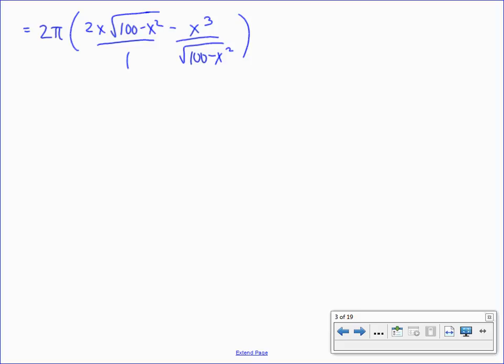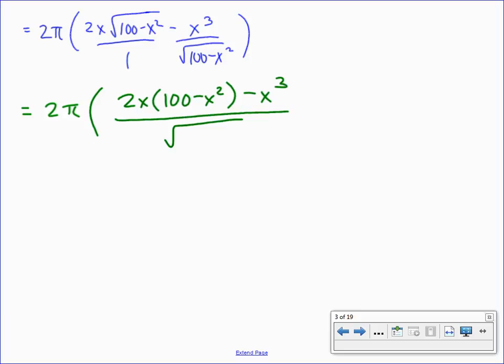V prime equals 2 pi times common denominator. This guy needs a root 100 minus x squared over root 100 minus x squared, producing 2x times 100 minus x squared minus x cubed all over root 100 minus x squared. And I know that I can combine some like terms here.